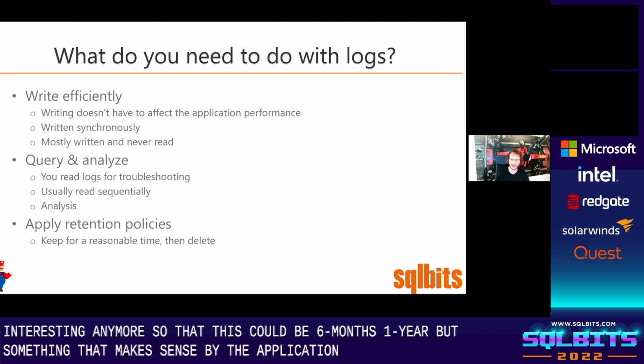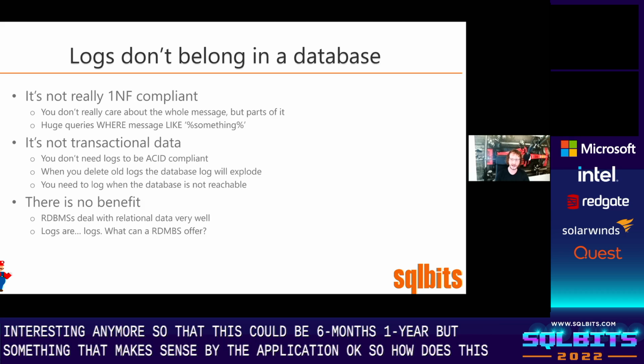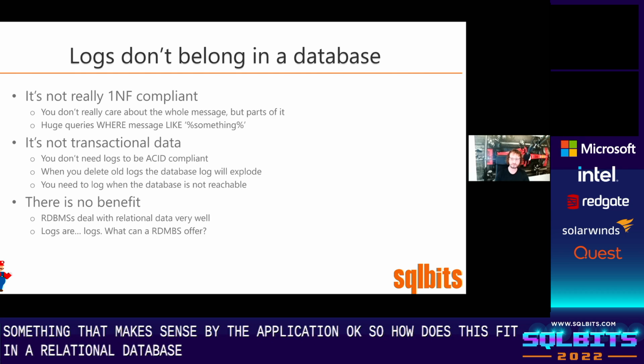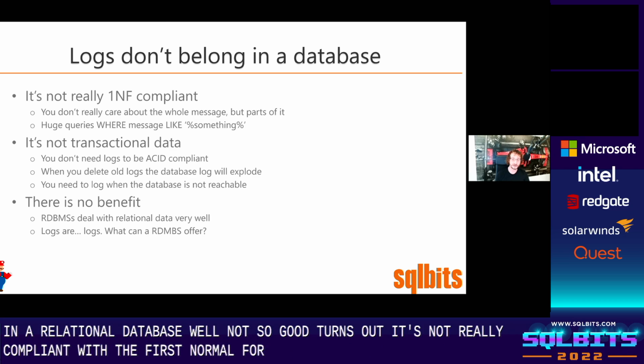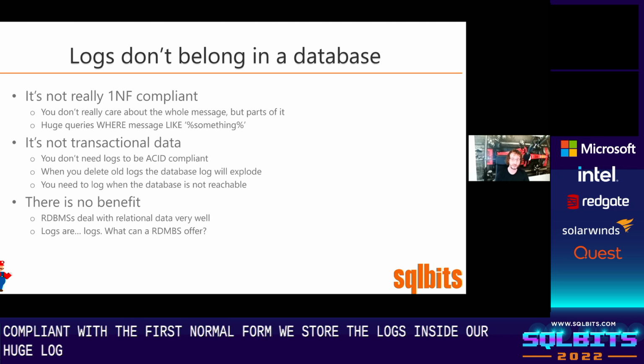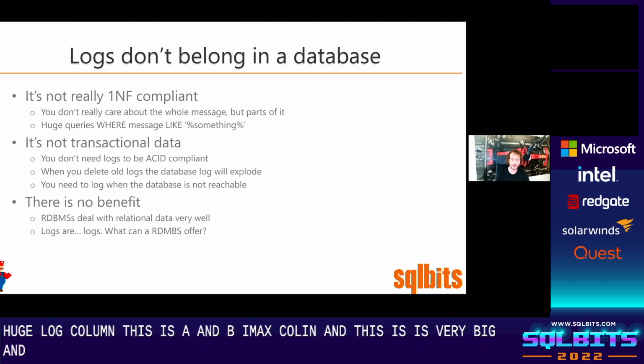Okay, so how does this fit in a relational database? Well, not so good, it turns out. It's not really compliant with the first normal form. We store the logs inside a huge log column. This is an nvarchar(max) column, and this is very big, and we're not interested in the message in its entirety.